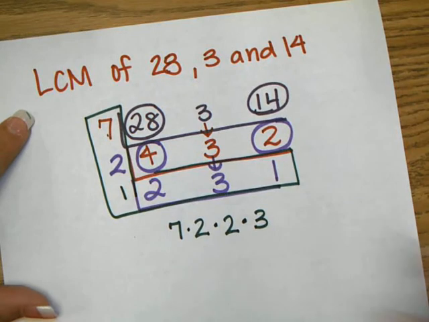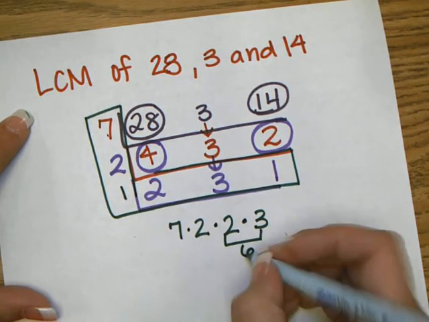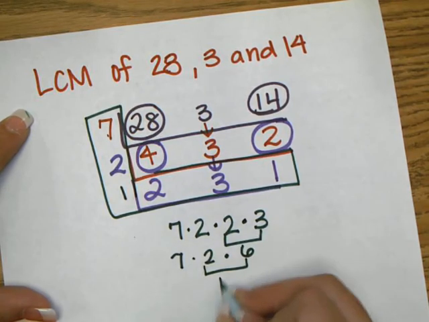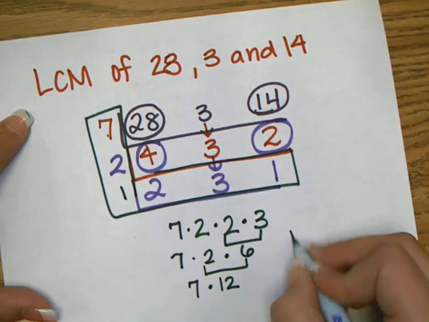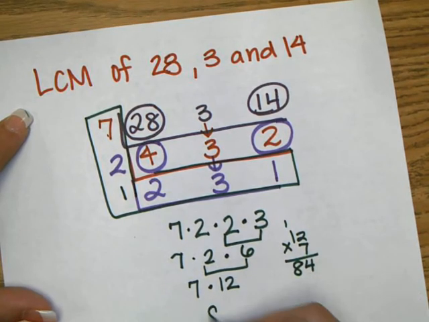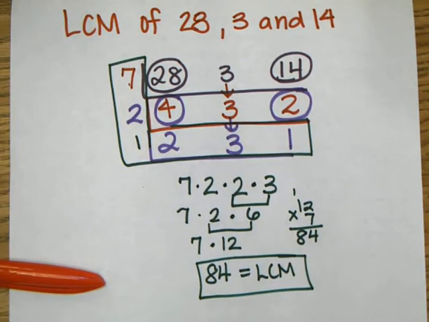So 7 times 2 times 2 times 3. I'm going to go with 2 times 3 is 6. Then 6 times 2 is 12. And then 12 times 7 is 84, which is the LCM.